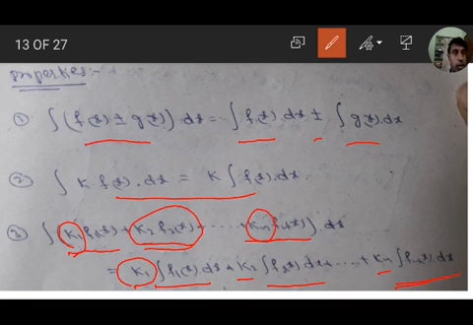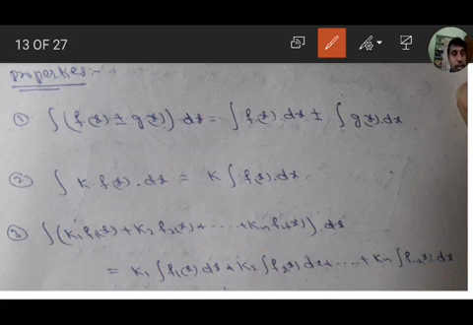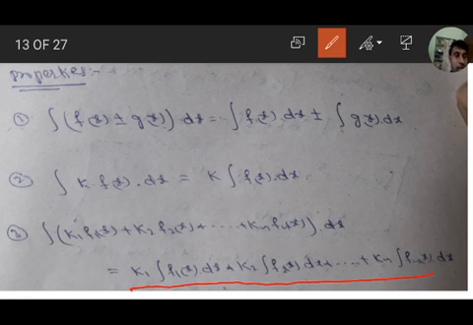That is k1 into integration of f1 x dx, k2 into integration of f2 x dx, plus and so on, kn into integration of fn x dx. These are the properties. Based on these basic formulas and these properties, now we are going to do the problems.